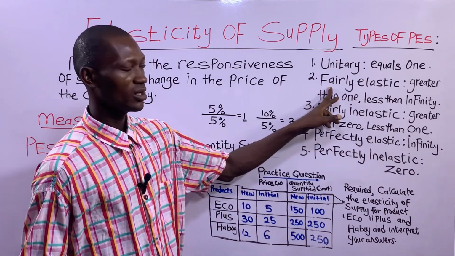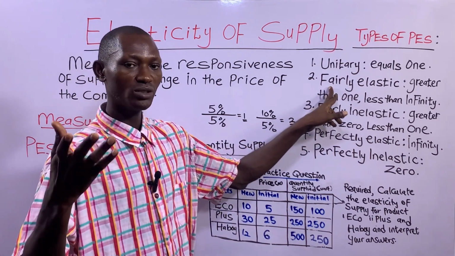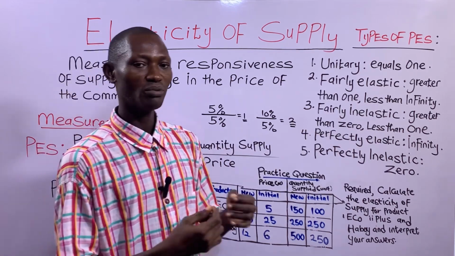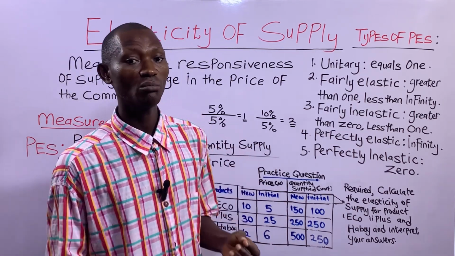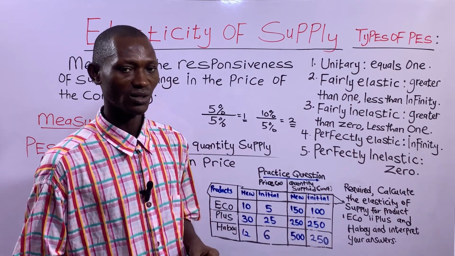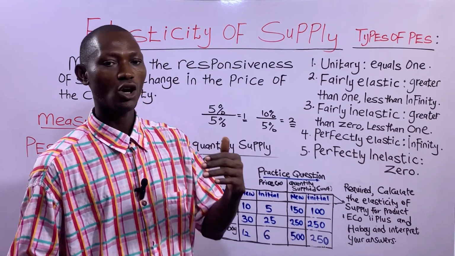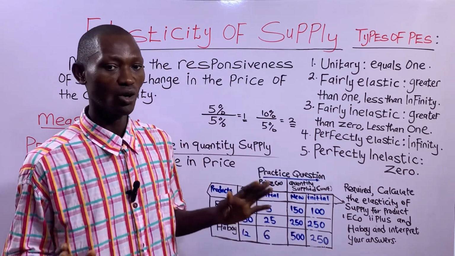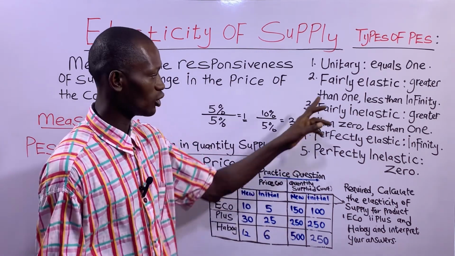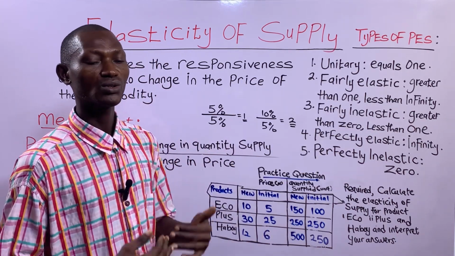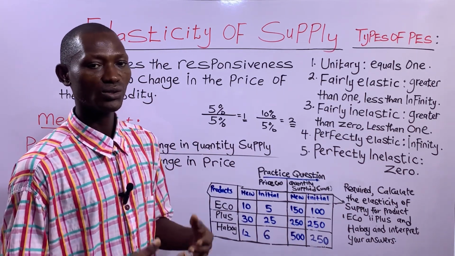So a change in the price of your products will bring about a more proportional change in the supply of your products. If you increase your price, other competitors will have to perhaps supply more or less depending on that. But basically, fairly elastic means that your goods have close substitutes.